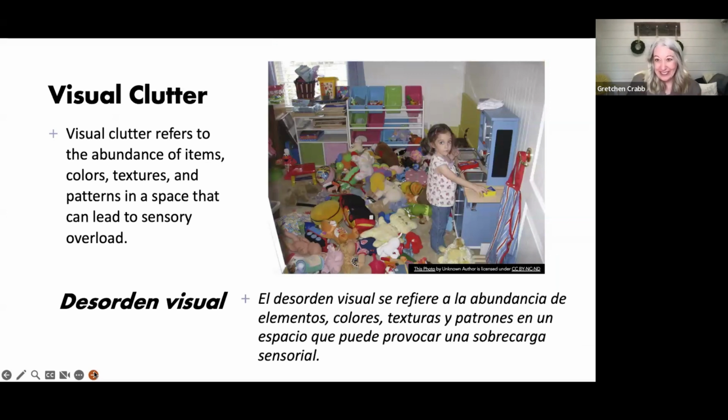Then we have visual clutter. There's actually a definition for this that refers to the abundance of items, colors, textures, and patterns in a space that can lead to sensory overload. So this is more than just liking bright colors. This is something that happens when it's hard to discern what's happening within that area.